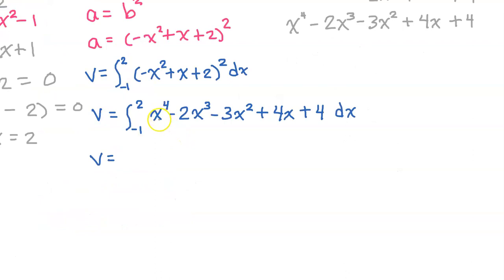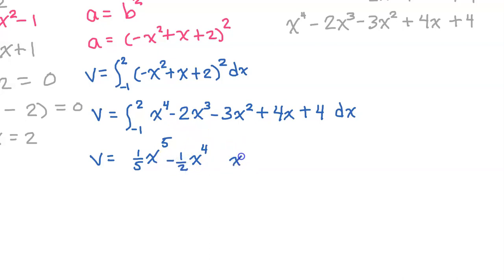Now let's integrate term by term. Increasing the first exponent by 1, I have x to the 5th power. Dividing by the new exponent, I have 1/5 in the front of that term. Next, I will take my x to the 3rd power and make it into x to the 4th power. Dividing -2 by 4, I get -1/2.